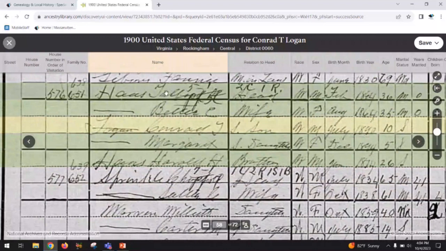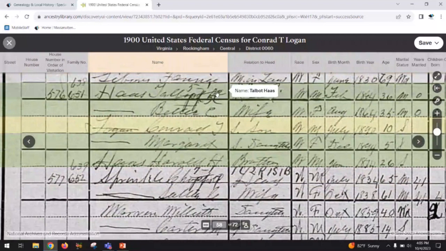We can also see the transcription of Mr. Haas's name here says Talbot. But it's also got a lot of writing over top of it, and it's hard to read. And I just happen to know from doing additional research and knowing Harrisonburg history that this is probably Talford Haas, which would also make sense if we remember that Conrad's son's middle name was Talford.